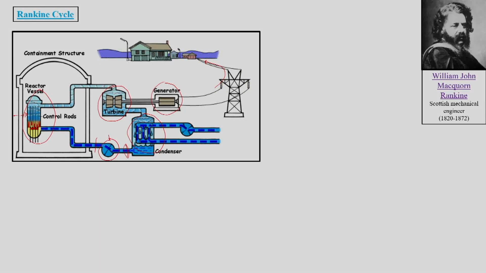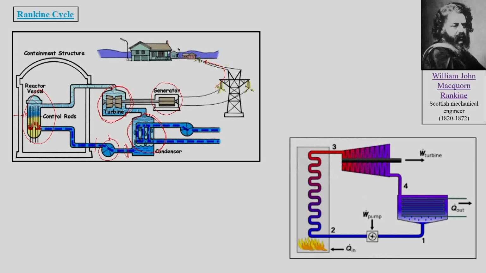Here constant pressure heat addition takes place for the conversion of liquid water to steam. Then we have the turbine, which deals with expansion, and this is again an isentropic expansion. And then we have the condenser, where we have constant pressure heat rejection to condense the steam to liquid water.